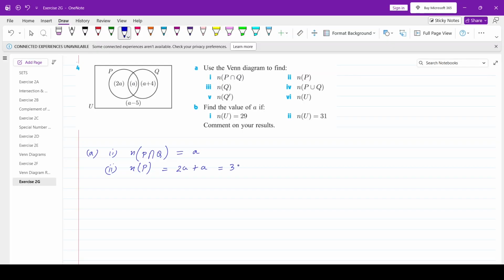That is going to be 3a. The number of elements in Q is going to be a plus a plus 4. That is going to be 2a plus 4.